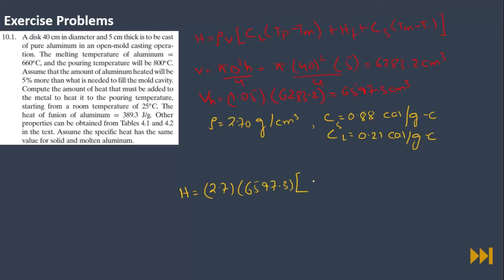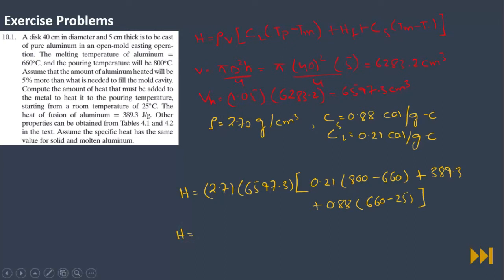Then we have Cl, the pouring temperature is 800 degrees centigrade minus the melting temperature, plus heat of fusion, which is given in the question statement, that is 389.3, plus 0.88 into 660 minus 25. So we can calculate this one using the calculator.